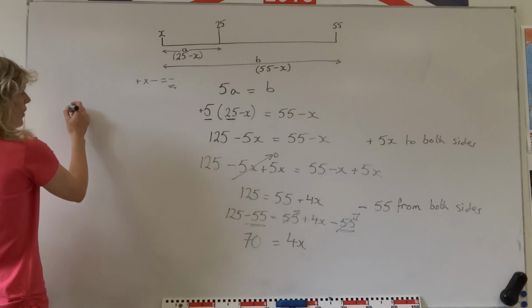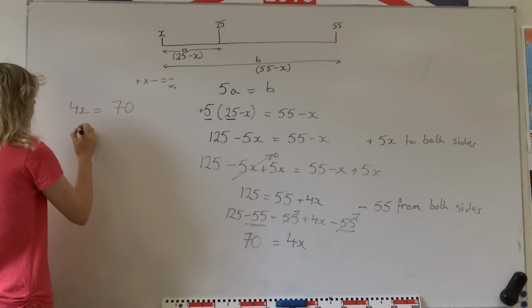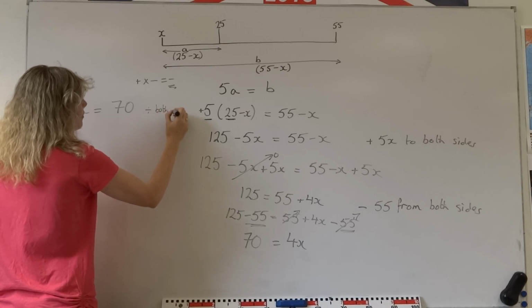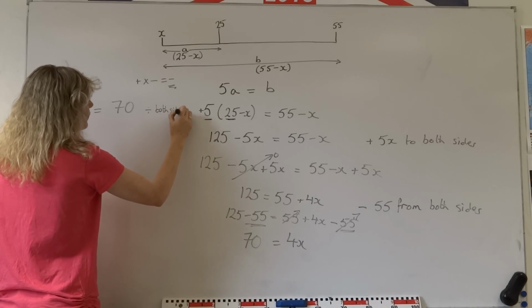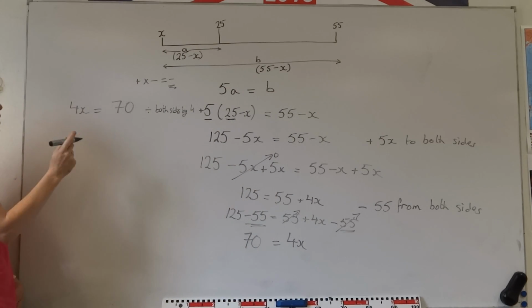Right, if I know now that 4 lots of x equals 70, what does 1 lot of x equal? Divide both sides by 4. I don't want to know what 4 lots of x is, I want to know what 1 lot of x is.